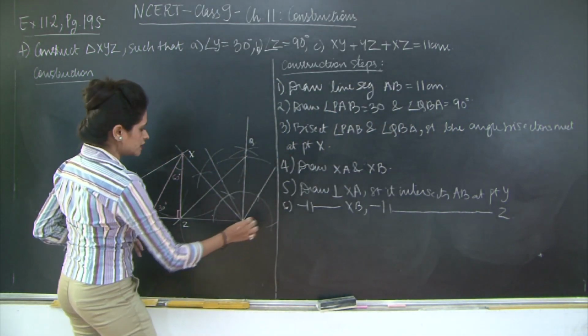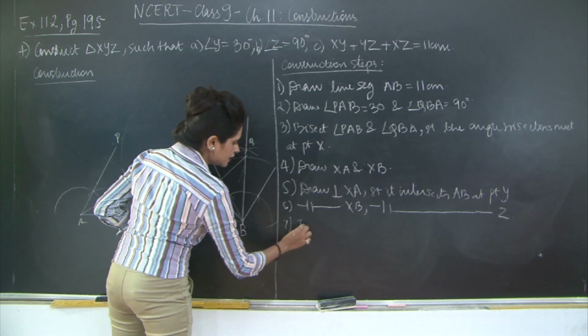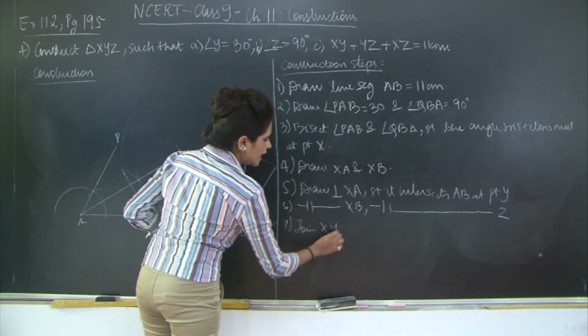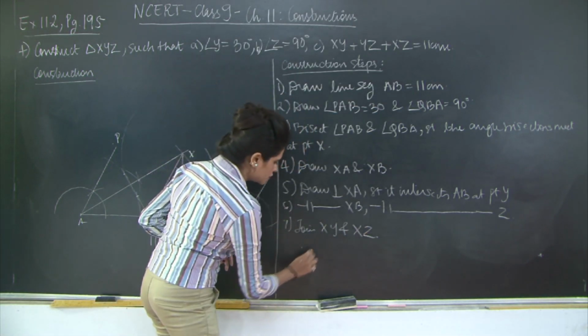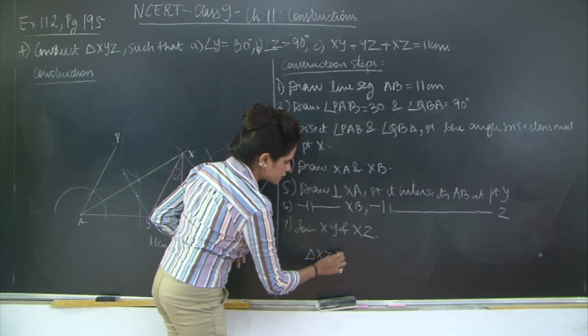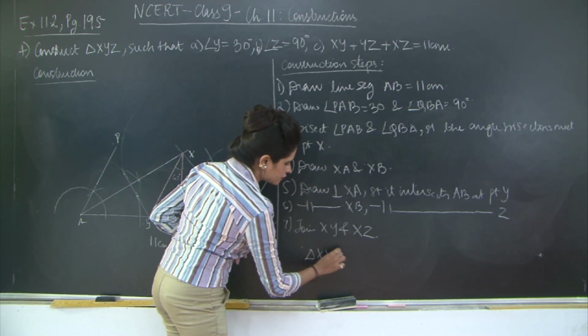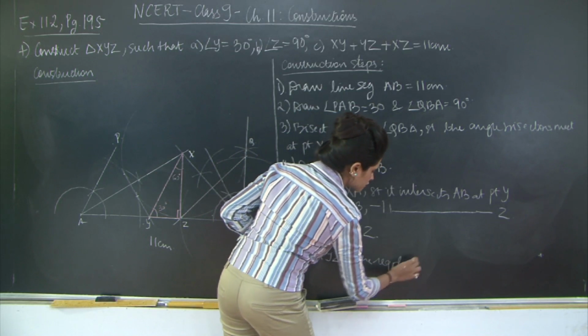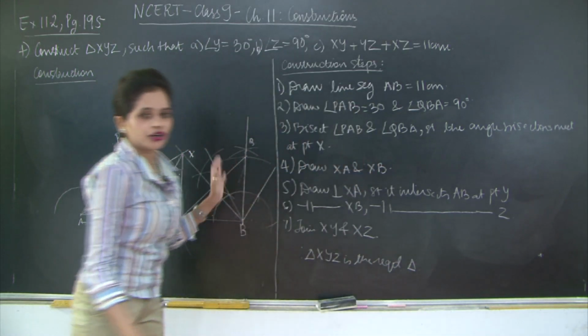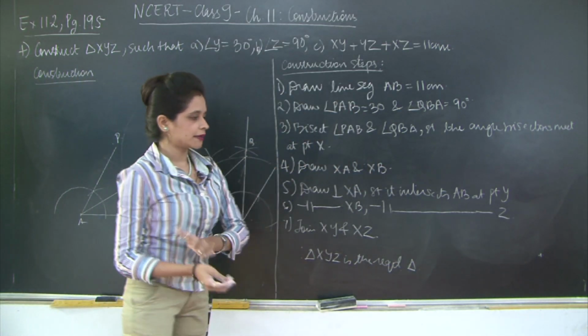Then what you are going to do is join XY and XZ, right? Therefore, triangle XYZ is the required triangle. So here is the construction and here are the construction steps. Please take a look.